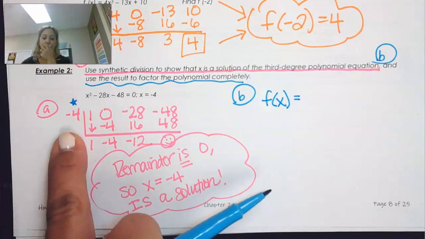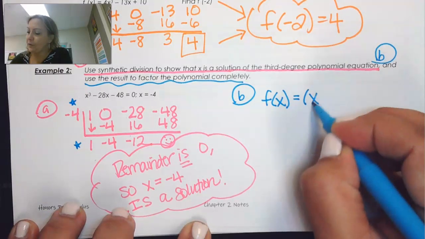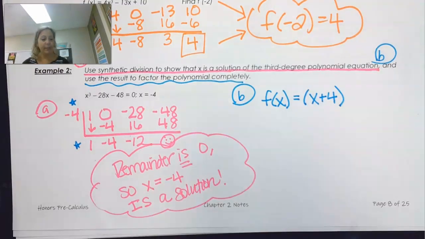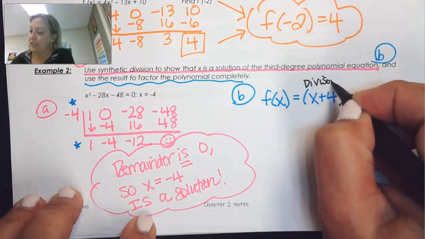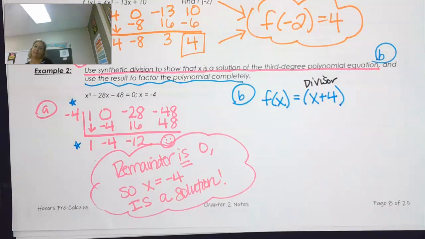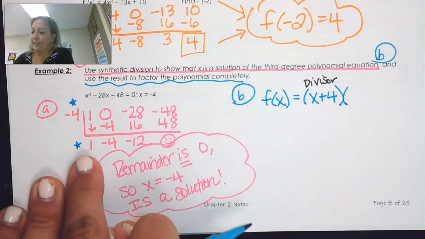Now, our divisor wasn't really negative 4. Our divisor was really x plus 4, wasn't it? Because if we said that x equals negative 4, then we end up getting x plus 4 as that divisor. And then here we have our quotient.